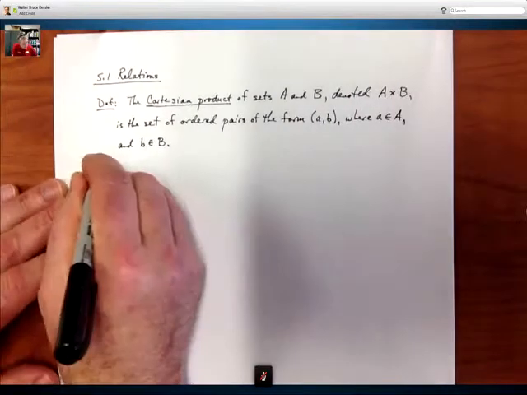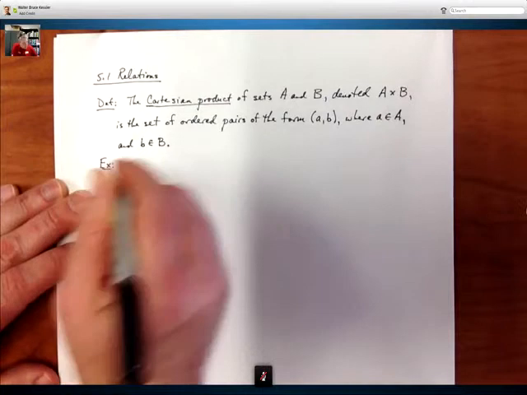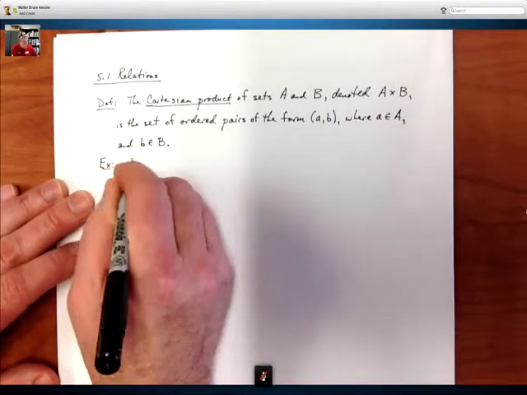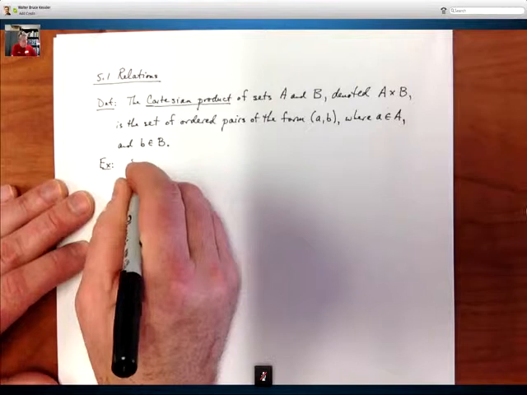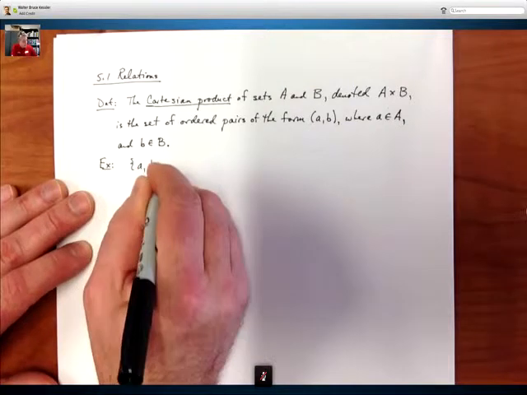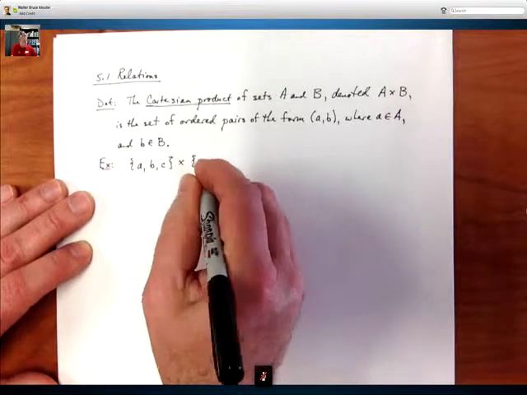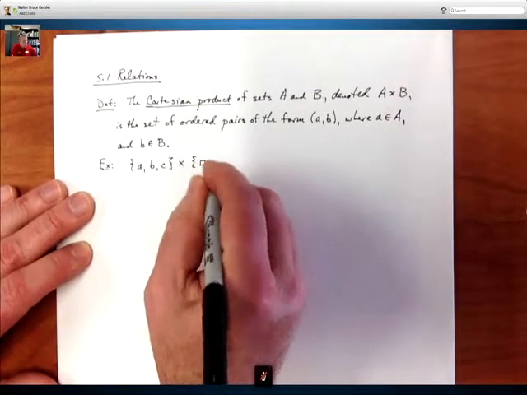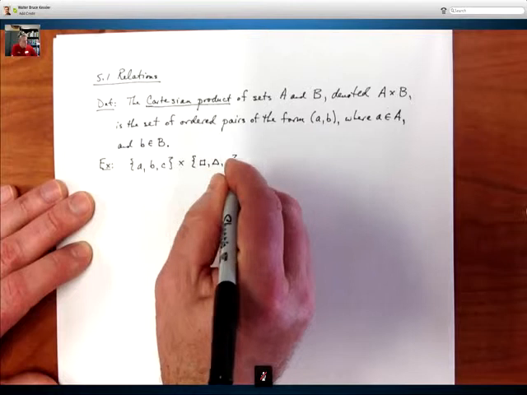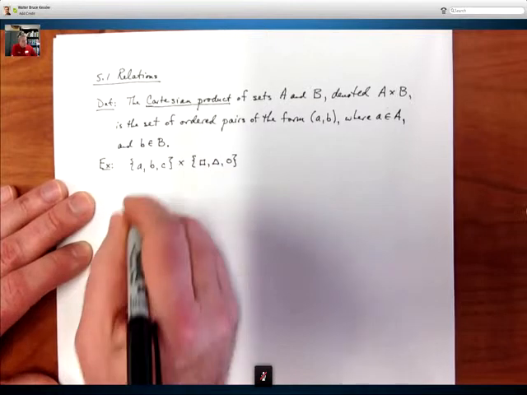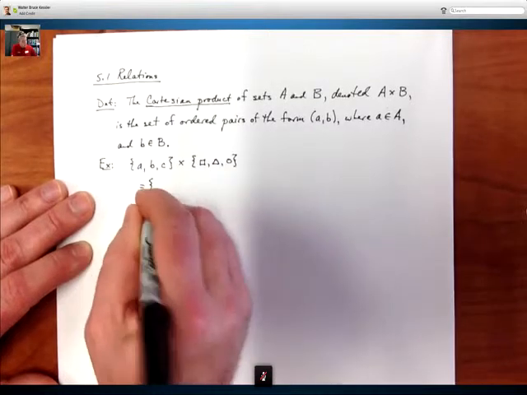So, for example, if I'm talking about the cross product between a set with A, B, and C in it, crossed with a set that has a square, a triangle, and a circle in it, then what's in that cross product?